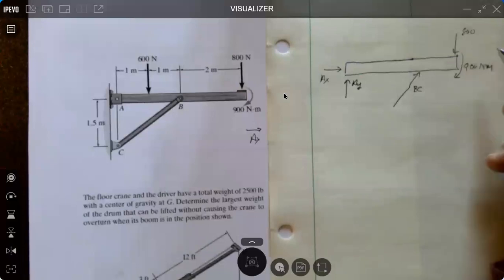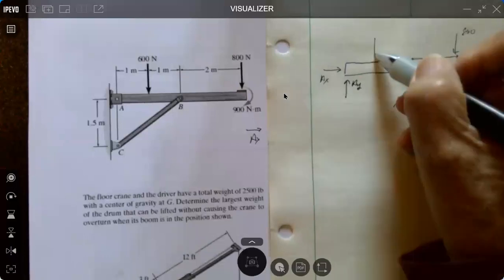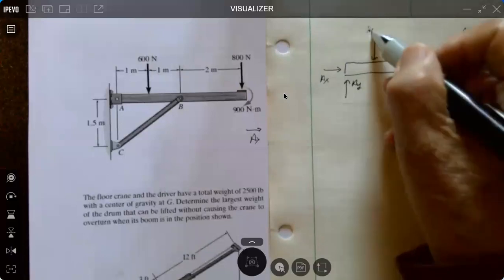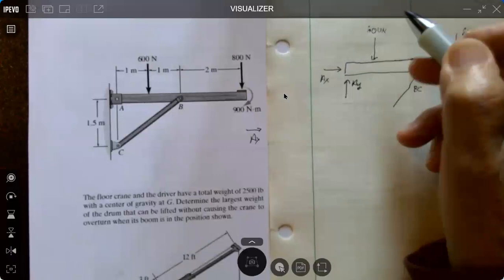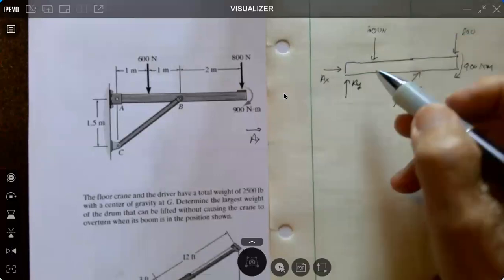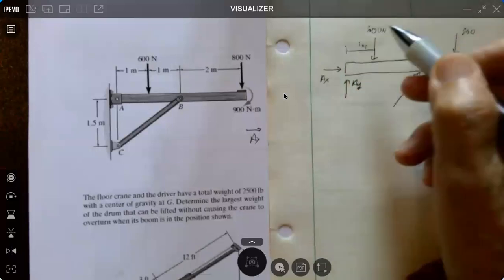I'll go back to this slope in just a minute. And then I have this 600 Newton force acting at a distance of 1 meter.